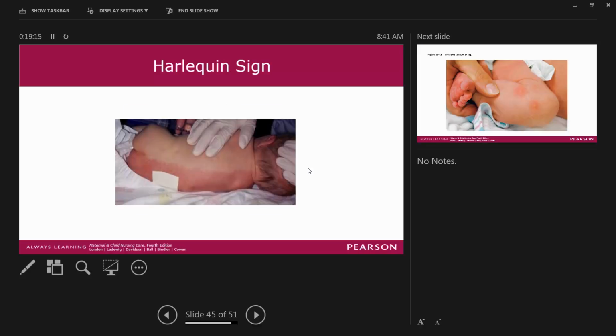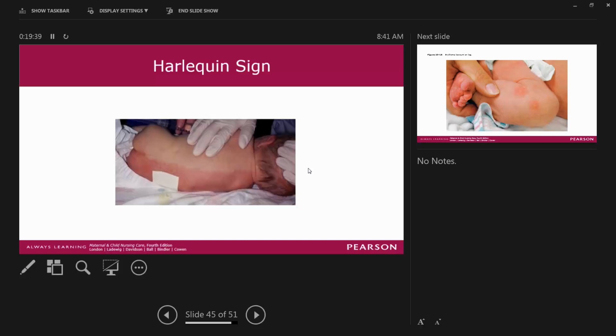Here's the harlequin sign. So weird. Sometimes we've seen this horizontally. Usually it's when we've resuscitated a baby. We've had a really bad baby that we've bag masked and done chest compressions.